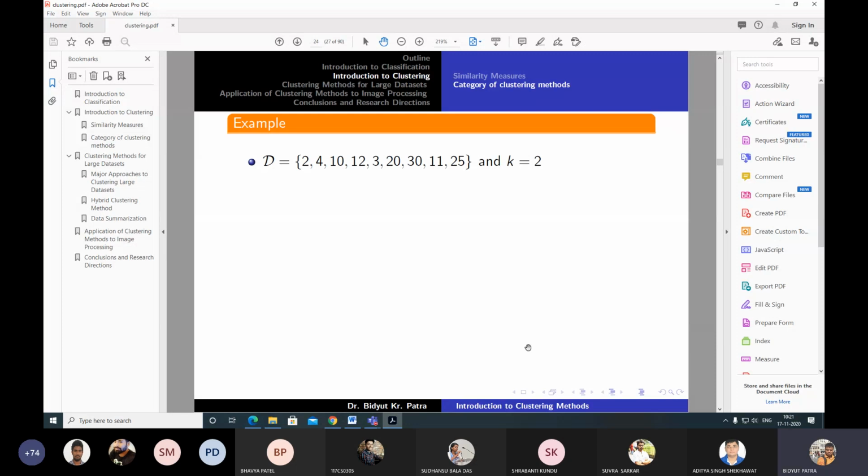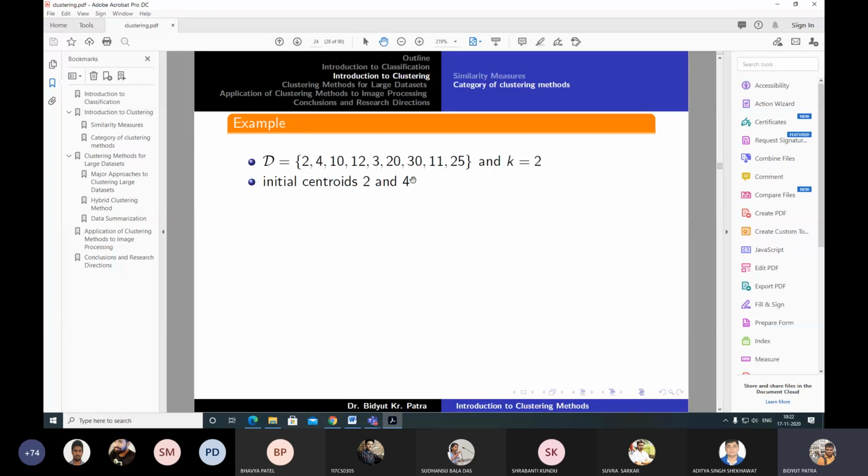Then what you have to do? Now you consider 2 and 4 as the centroids, and compute the distance from each point to these two centroids, and wherever the distance is minimum, you assign the point to the corresponding centroid. Starting from the first point, the distance from 2 to 2 is 0, and from 2 to 4 is 2.